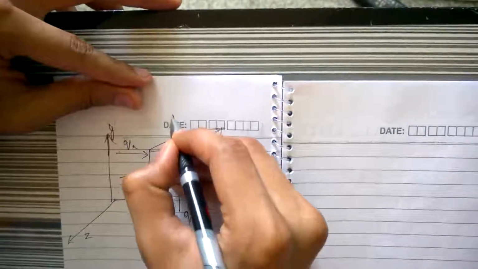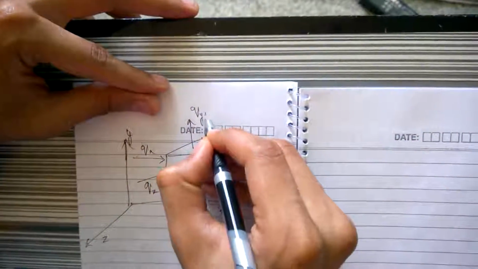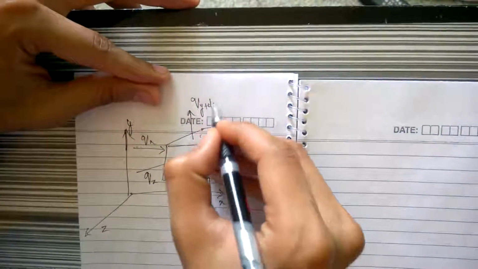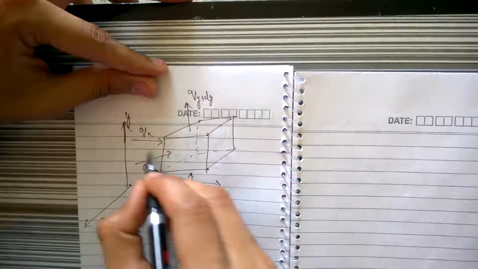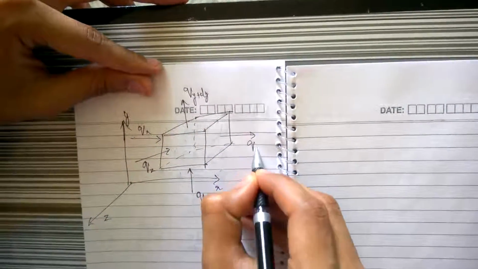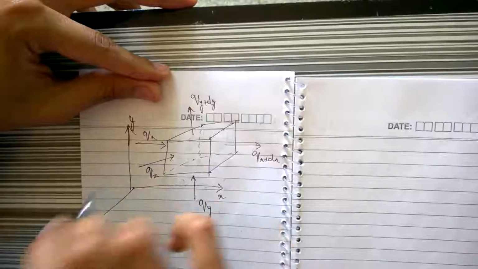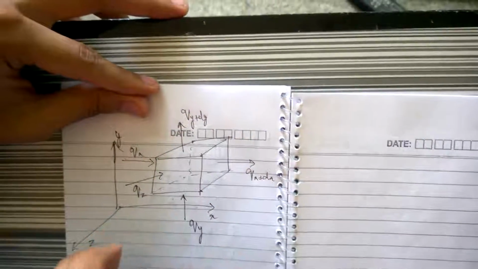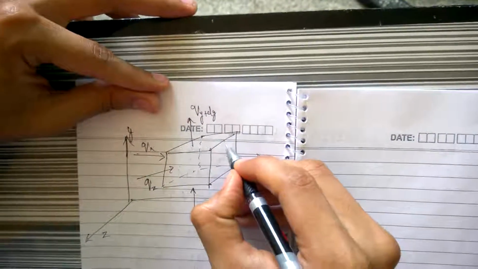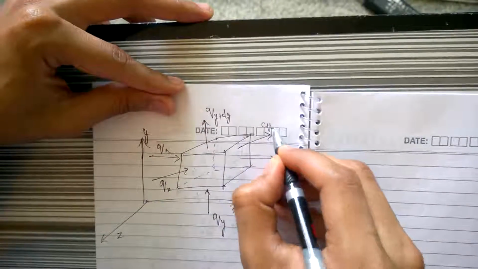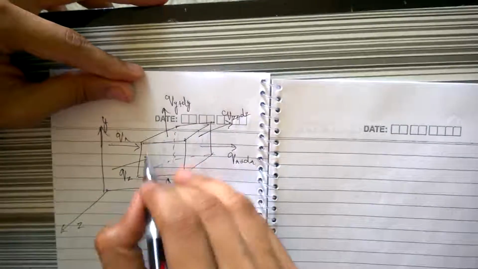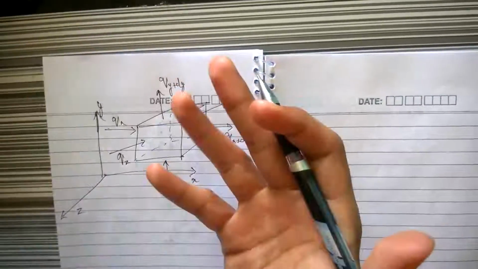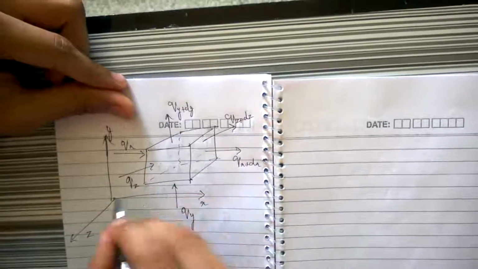So here we have qy plus dy. I'll just explain what this is. In this direction you have qy plus dy, in this direction qx plus dx, and in this direction, which is into the paper, you have qz plus dz. Here I just told you that this is an element, but I didn't tell you the dimensions of the element.